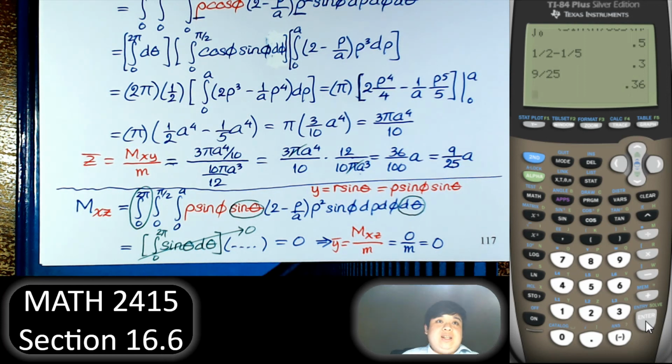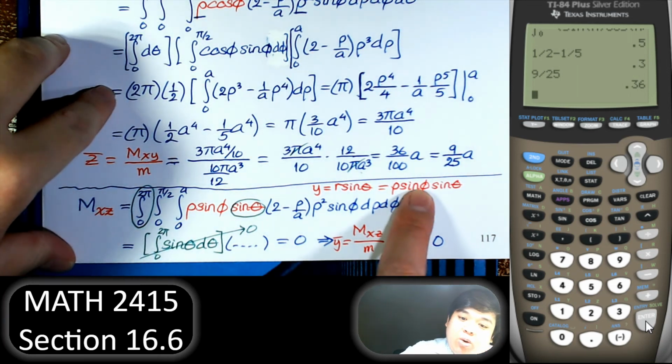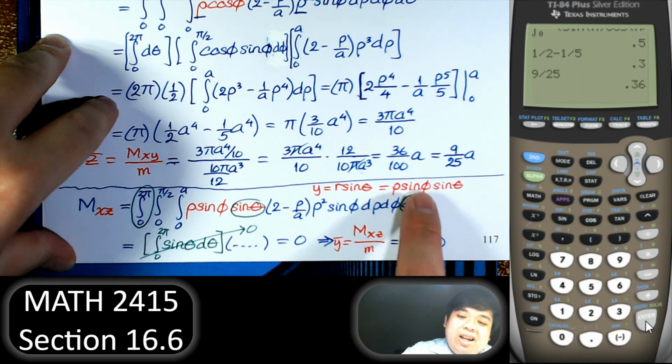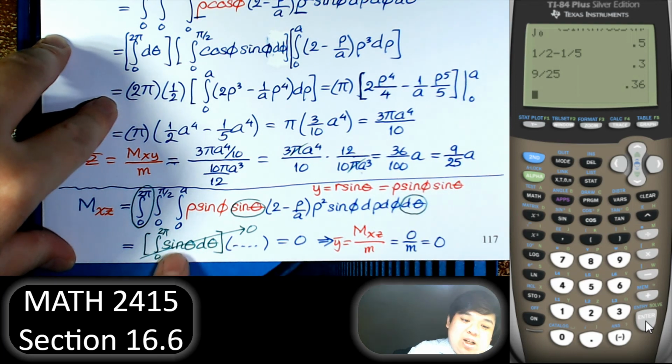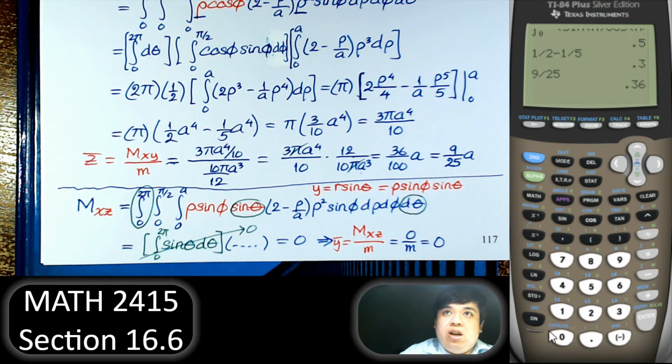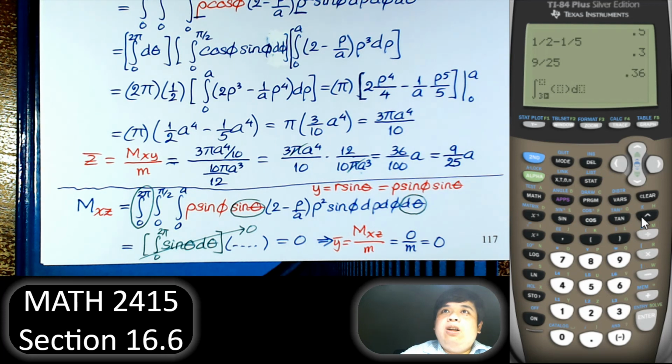So y bar is equal to 0, and similarly x bar is equal to 0, because for x bar we're going to stick in rho sine phi cosine theta. Whether we have sine or cosine, when it goes one period, it is going to be 0. For example, since the period of sine and cosine is 2 pi, I can go from, let's say, 3 pi to 5 pi.